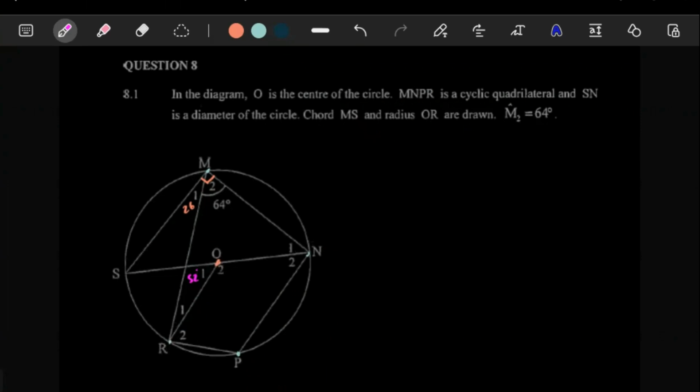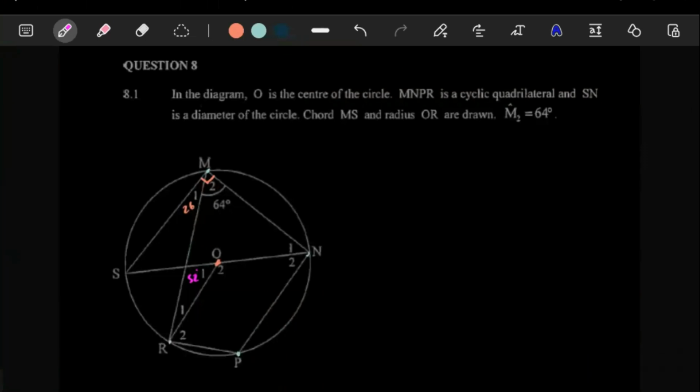So don't take for granted that they've shown you that OR is the radius. Well, you should know that, but mentioning it is quite interesting. They then told us that M2 there is equal to 64. We already saw that.